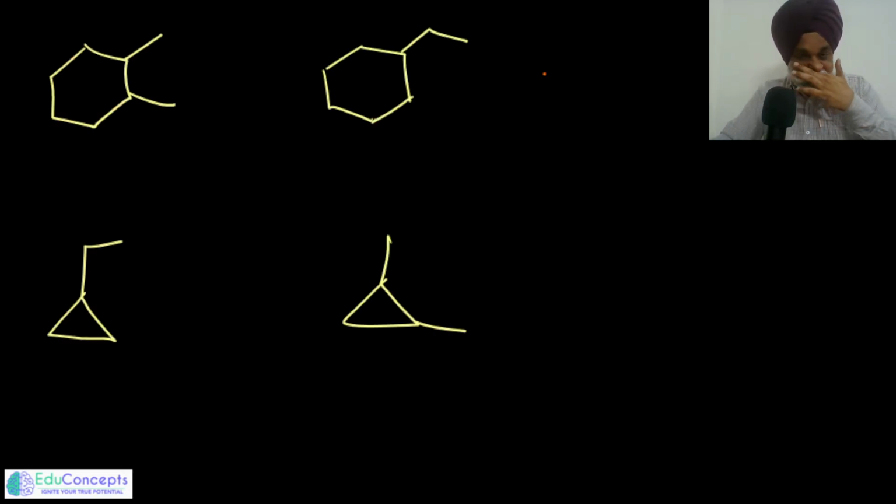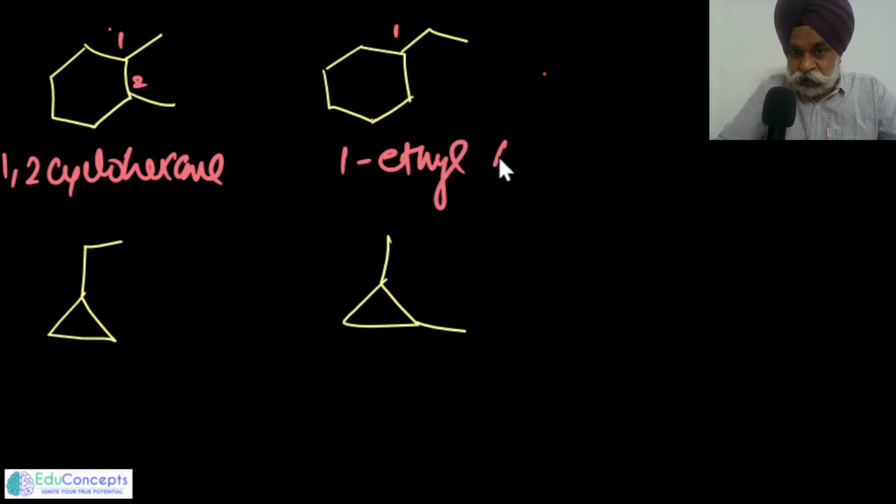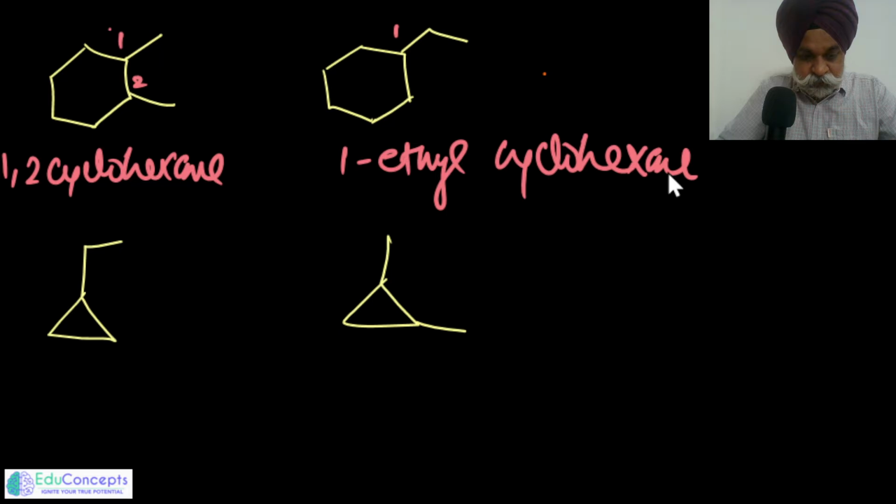Now, similarly, if I would move to this particular compound, it is 1, 2-dimethylcyclohexane, and here it is 1-ethylcyclohexane. Now the parent chain is the same. Just concentrate on the fact that the parent chain is the same. The parent chain is hex, cyclohex.